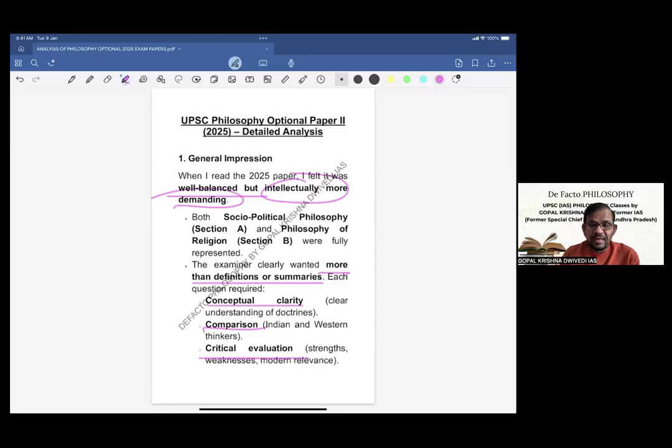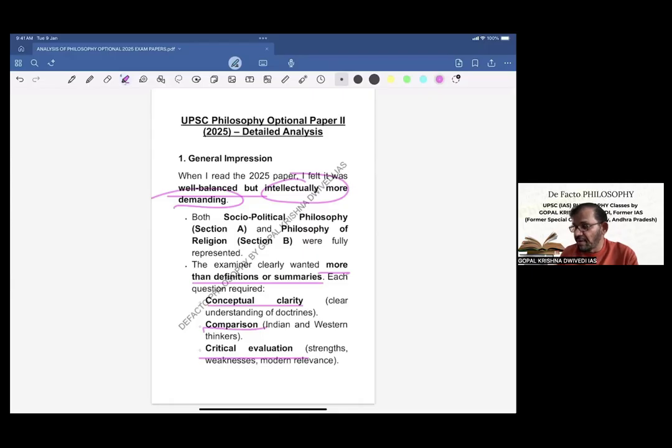So you have to have a clear understanding of doctrines. Then you have to think of comparisons between Indian and Western thinkers, and then you also have to analyze strengths, weaknesses, and modern relevance of the topics, the idea, or the theory.